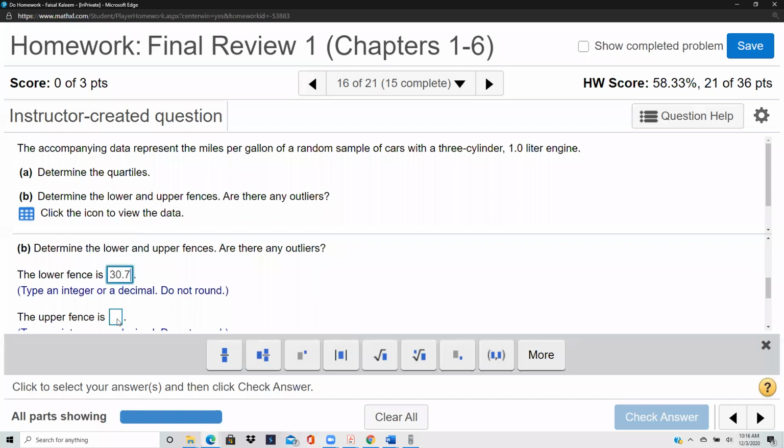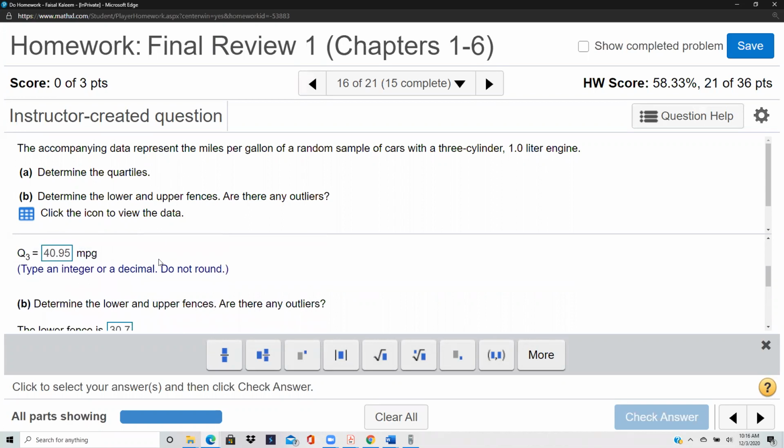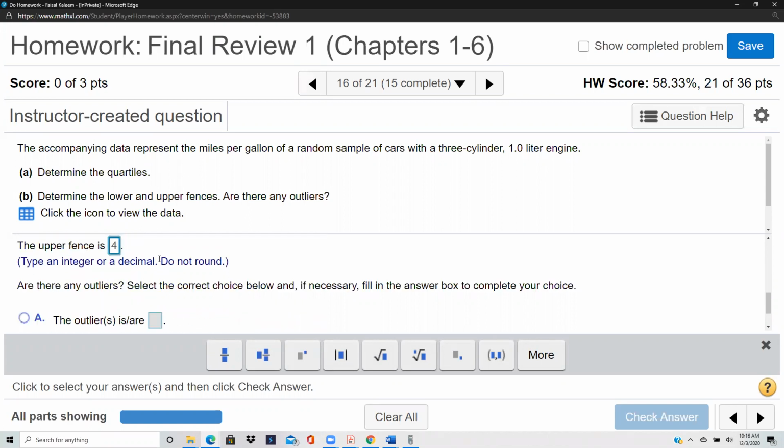And this one will be Q3, 40.95 plus 1.5 times 4.1.